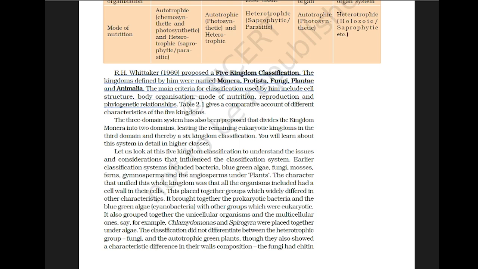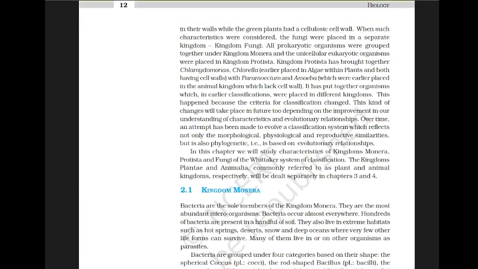Since they are prokaryotic, the true nucleus and membrane bound cell organelles are absent in these organisms. These are the characters of kingdom Monera: they are prokaryotic, so they don't have a true nucleus and other membrane bound cell organelles, and they are microscopic organisms.